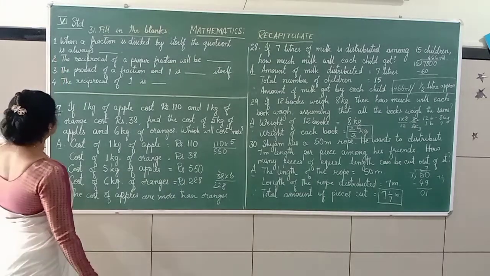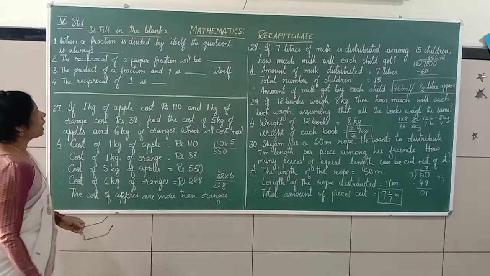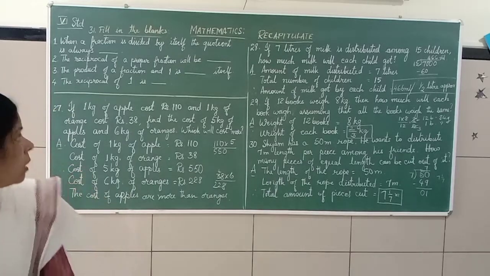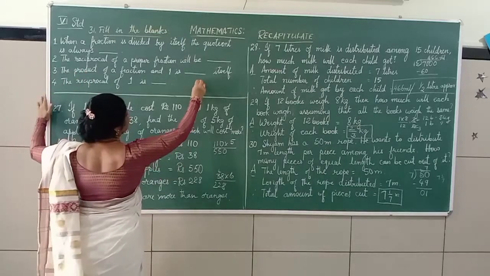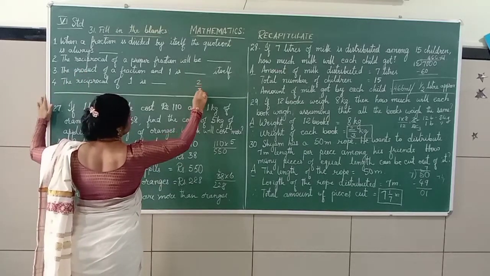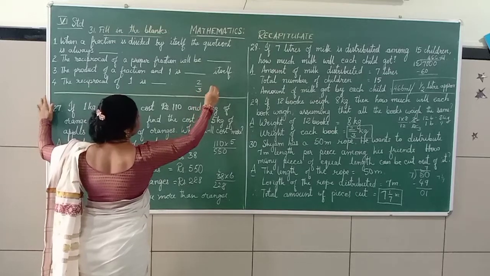Now children, next one is fill in the blanks. When a fraction is divided by itself, the quotient is always dash. A fraction, now for example 2 by 3 is divided by itself.